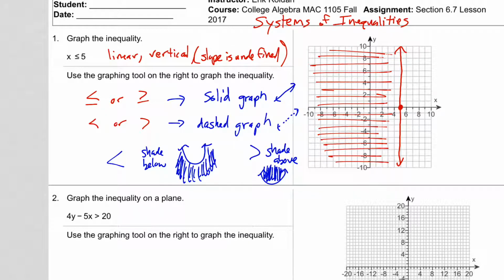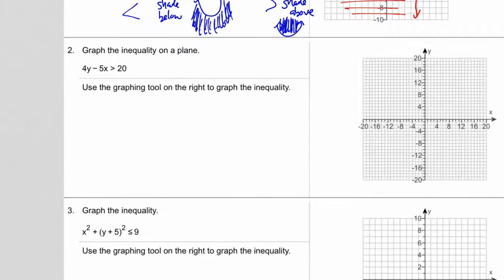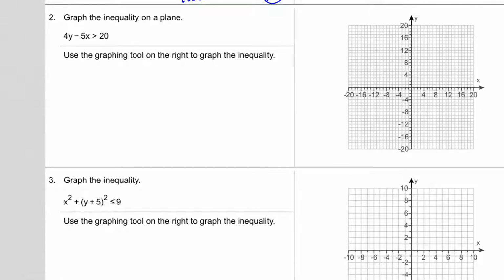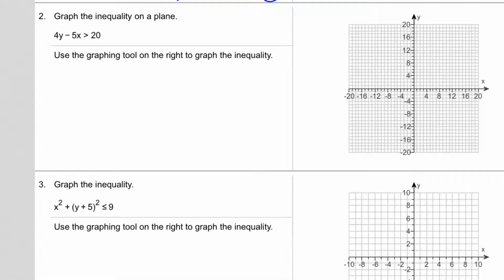So, let's get started with another inequality. This is another linear inequality. We could solve for y, and then we could quickly see if the y is greater than or less than, so we can shade above or below.